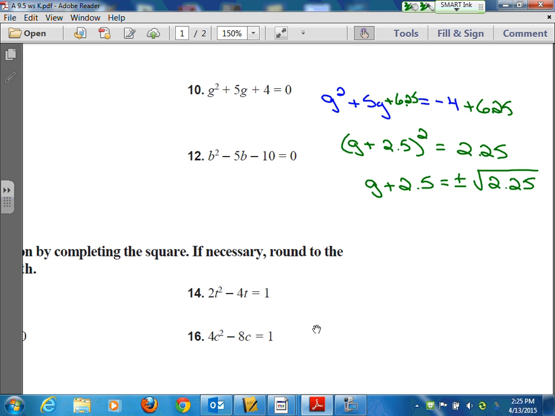Okay, so now I got to type this into my calculator real quick. The square root of 2.25 is 1.5.